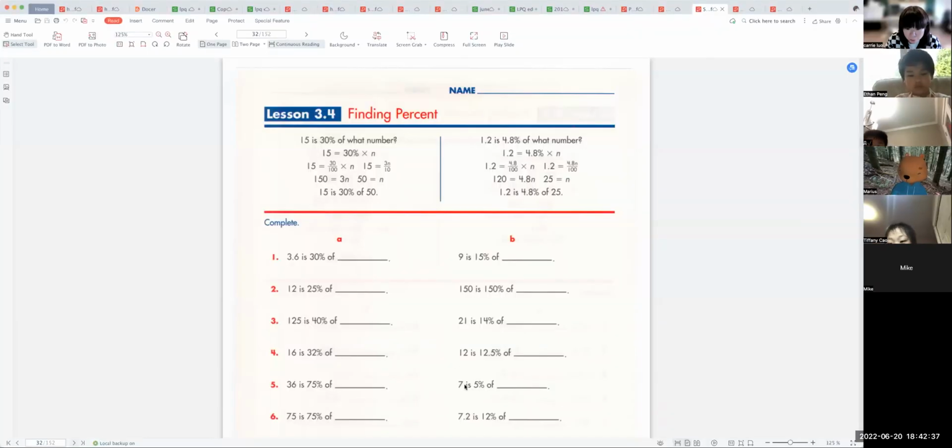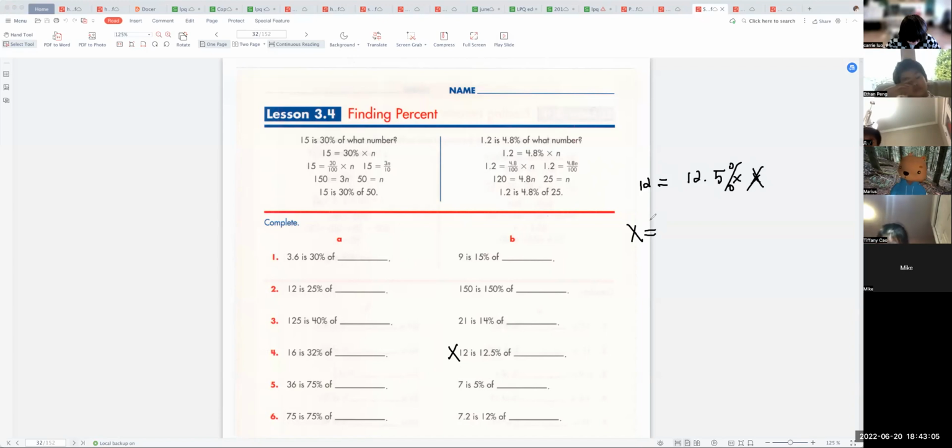Okay, so let's take a look at this one. So, Daniel, can you give me the equation for this one? 12 equals 12.5% times x. Percent times x, right? So x equals what?